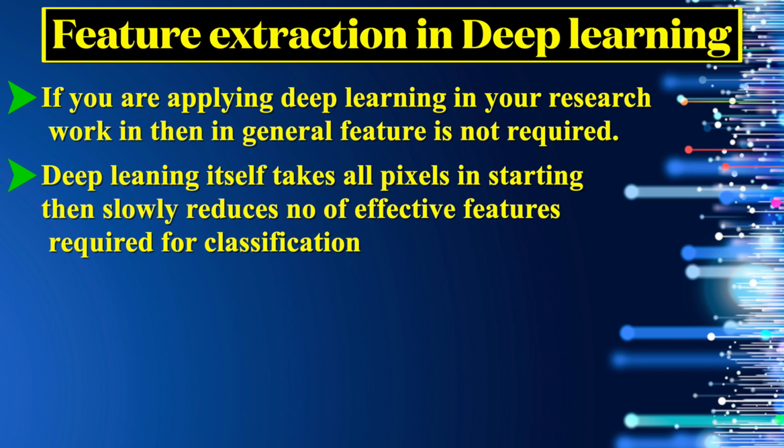In this way deep learning is very useful. So where were the features? Features are automatically calculated by the deep learning. Features are not given externally to the deep learning. Sometimes features are given to the deep learning trained model for classification purposes. That is a different issue and I will discuss it later on.